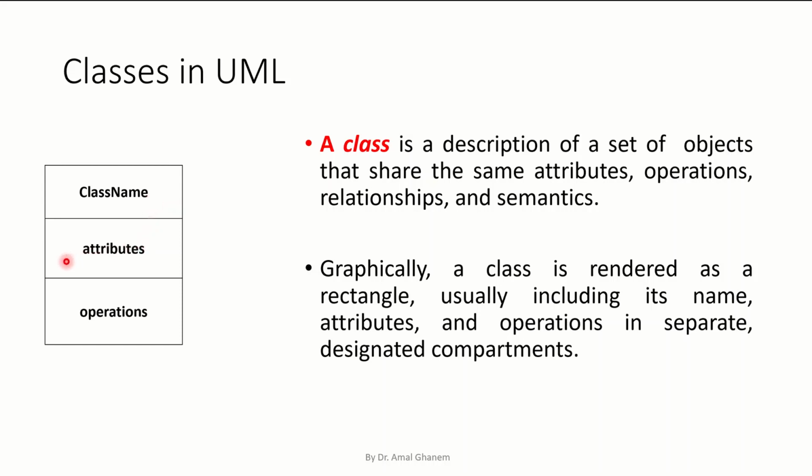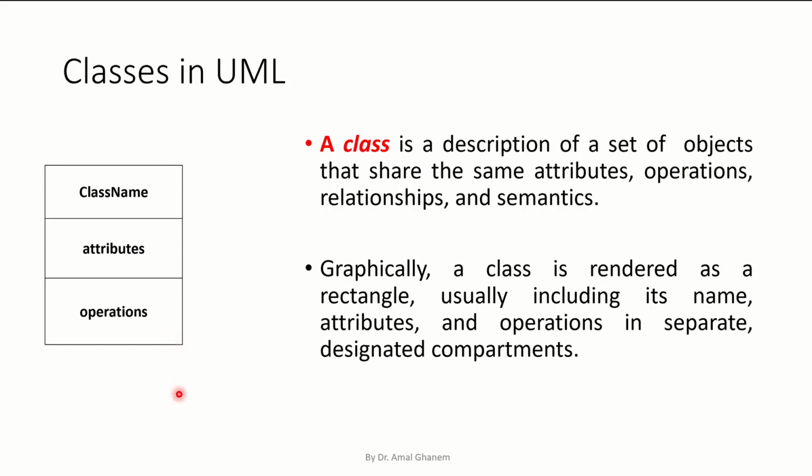In the middle section of the rectangle, we will have all the attributes. For example, for a university, we need name, address, and telephone. We will have all of these attributes in the middle section. In the last section of the rectangle, we will have operations, which we also refer to as methods. Here we will have the set, the get, any printing method, and any other special methods.